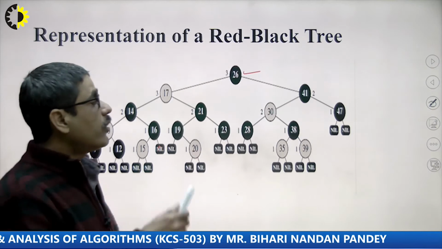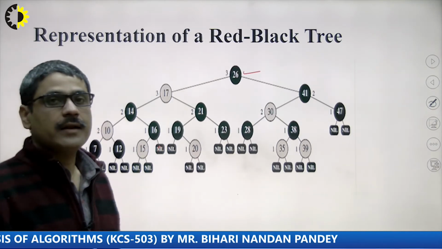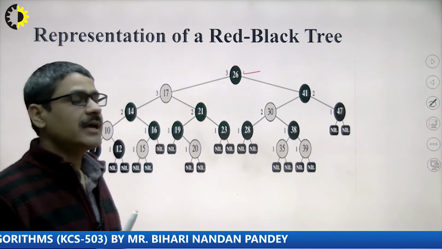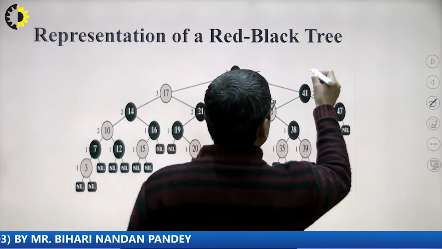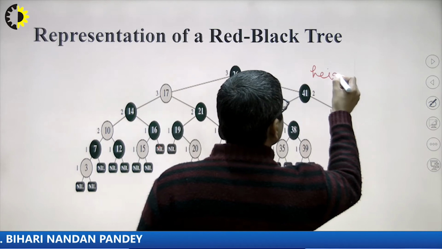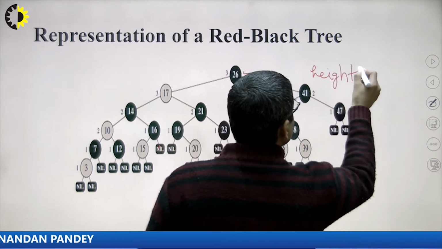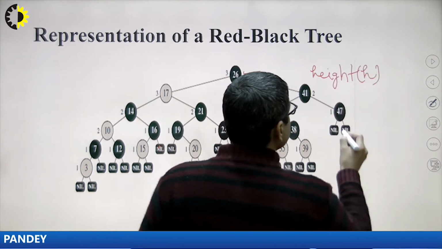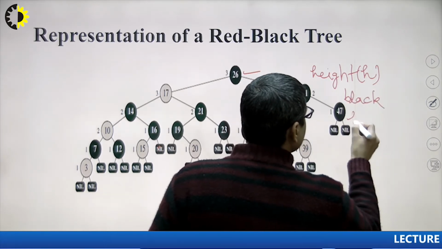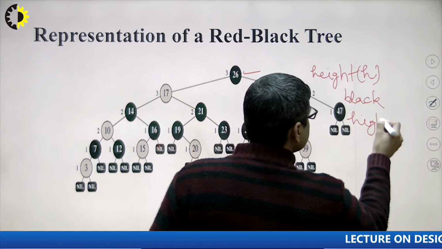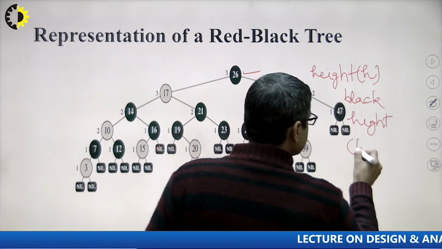For this fifth property, there are 2 heights in the red black tree. One is the simple height, called H. The second one is the black height, called BH.